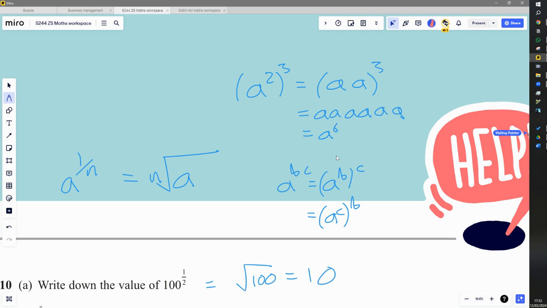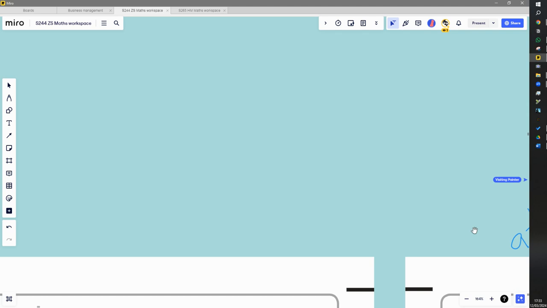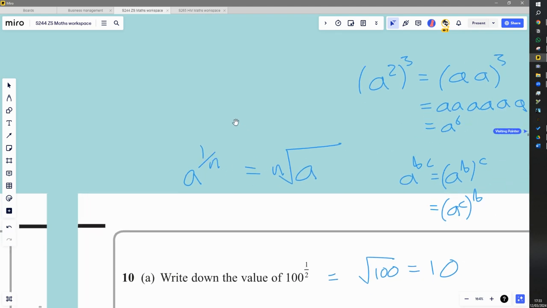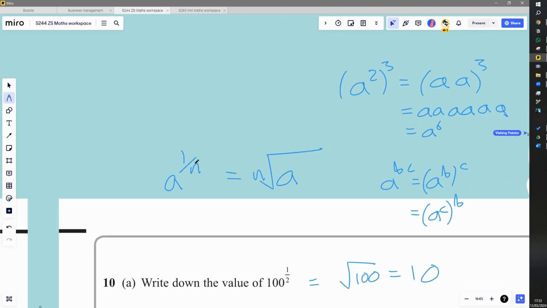Okay, I won't explain that any further for this one. Next, I want to look at this rule. So why is this like this? This is a little bit harder. This is probably the hardest of the rules to explain. But let's imagine we have a to the power of half multiplied by a to the power of half.